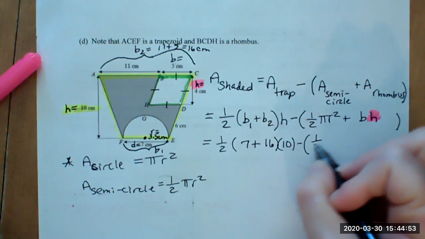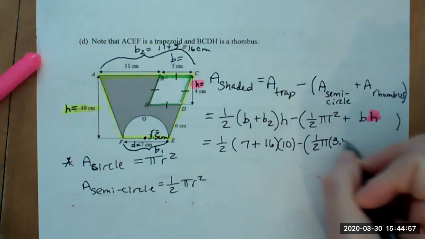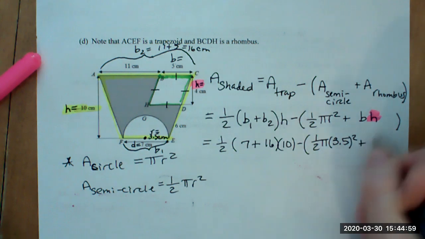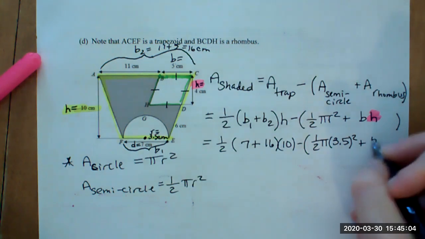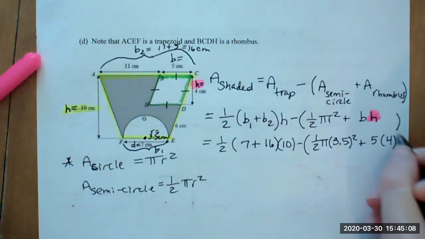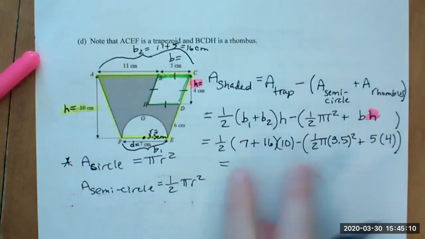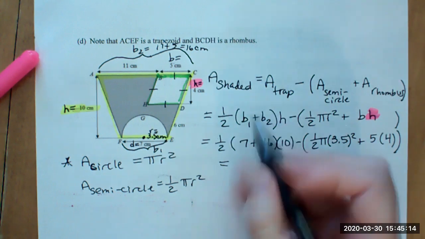Then I've got 1/2 of pi times the radius, we have already got there, is 3.5 squared, plus the base of the rhombus is 5, and the height of the rhombus is 4. Okay, so now I've got a lot of information in here and I have to make sure I do the correct order of operations and simplify this correctly, okay?